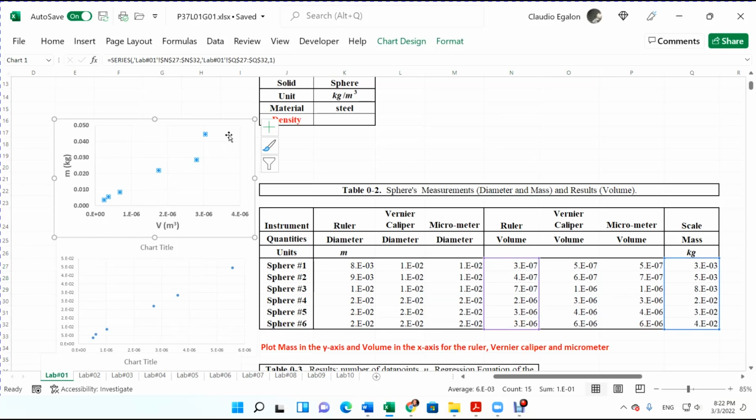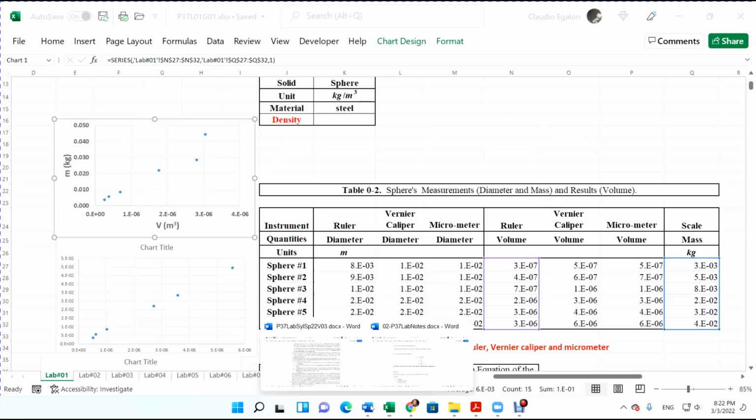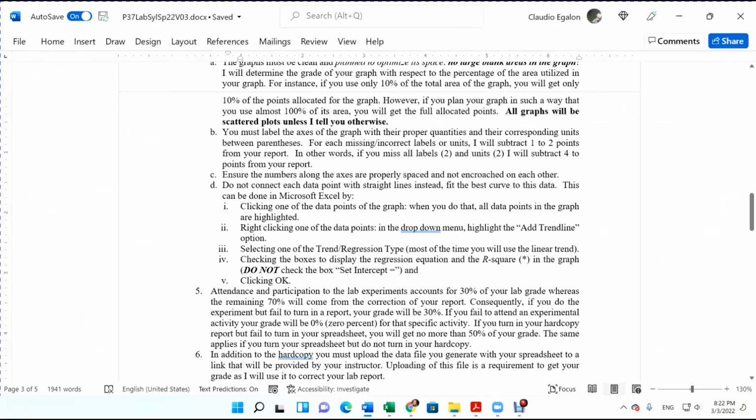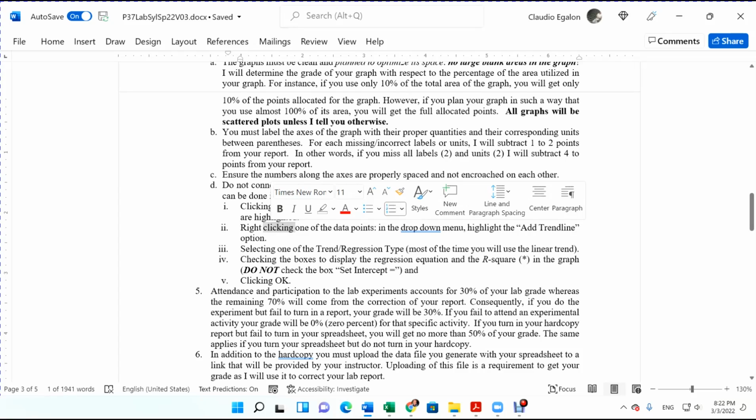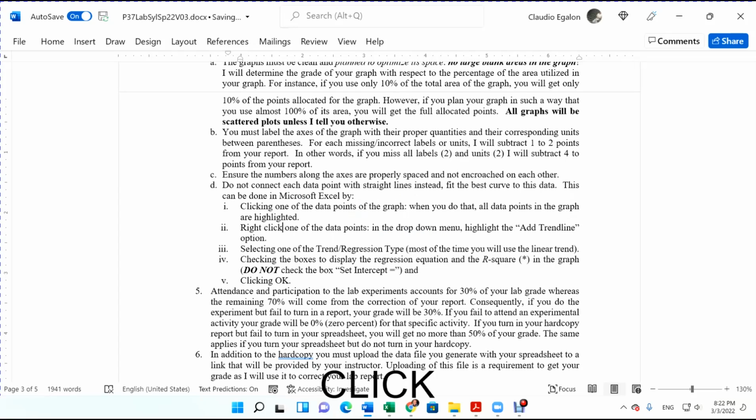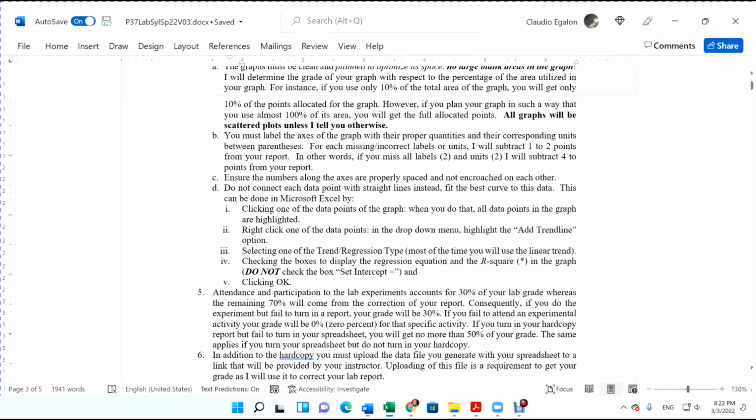When you click one of the data points, all data points end up highlighted. That's the first step, and it's written right in here. Next step: right click one of the data points. In the drop down menu, highlight the add trend line option. Okay?